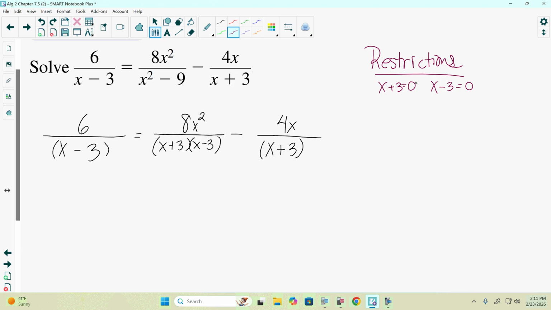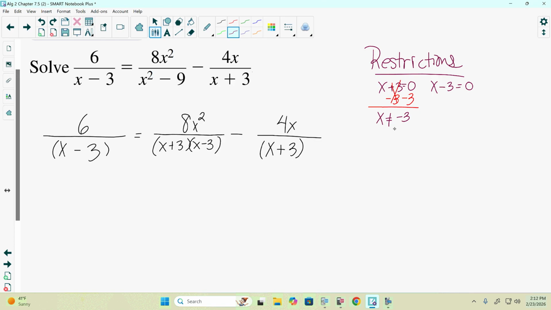And that also helps us find our restrictions. Because even though we do have 3 terms in the denominator, we only really have 2, because we have x minus 3 and x plus 3. And if we solve our x plus 3 by subtracting 3 from both sides, we see that if x is negative 3, it would make our x plus 3 terms be 0.